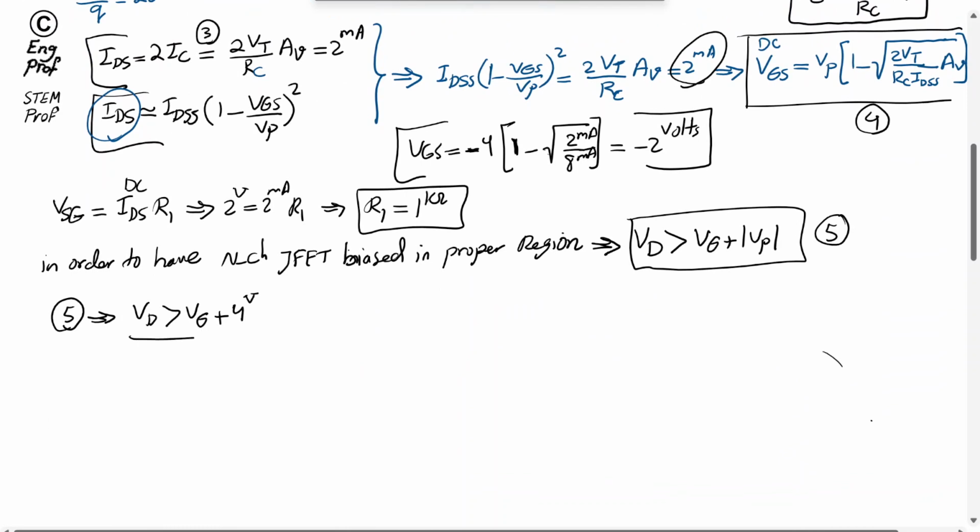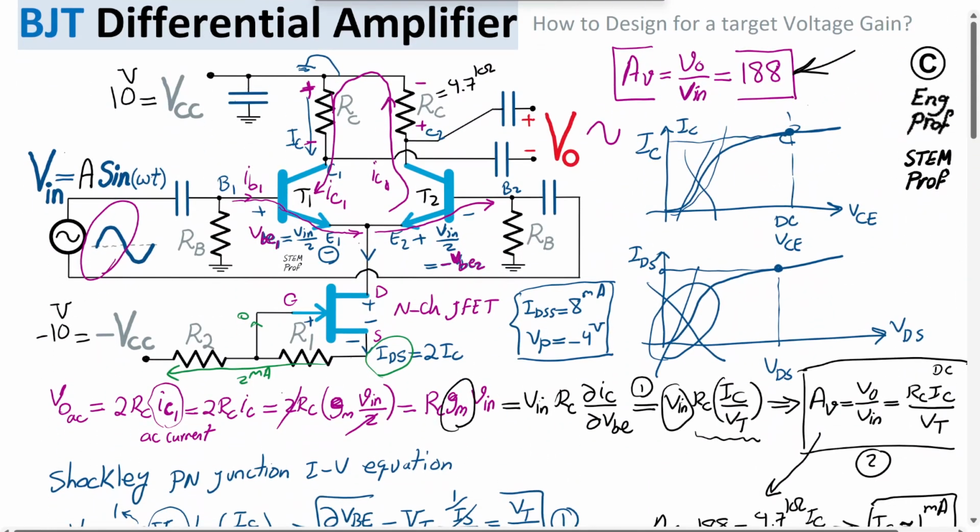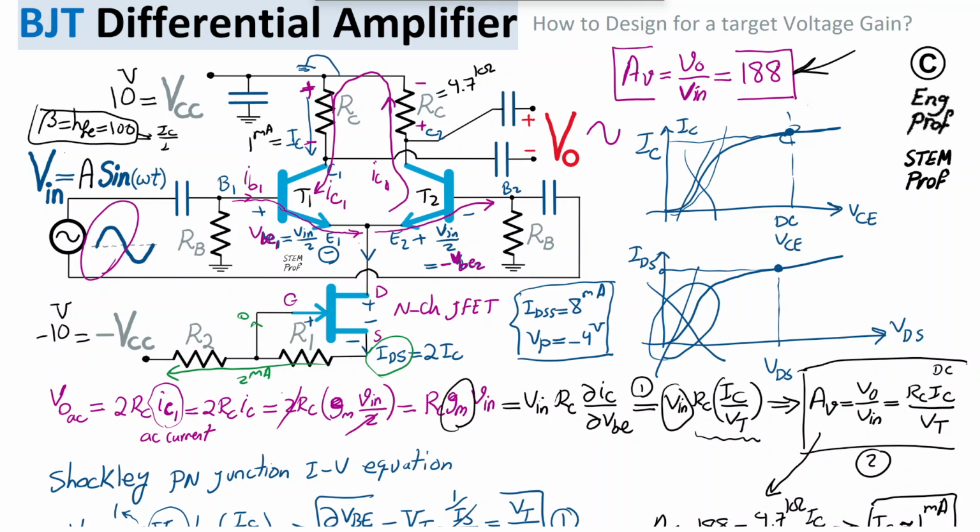given that VD should be greater than VG plus 4 volt, I understand from this point that if you go up, we just found that the IC DC current for the BJT is 1 milliamp. Let's make the assumption that beta, or HFE, for these BJT transistors that are small signal transistors is at least 100. If that is the case, that is equal to I collector over I base.